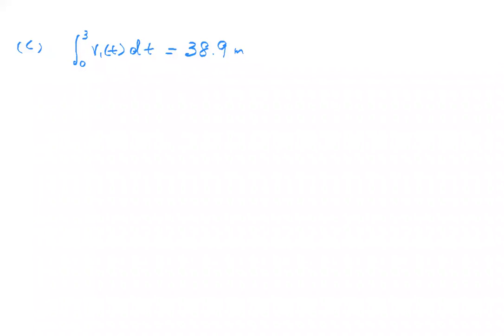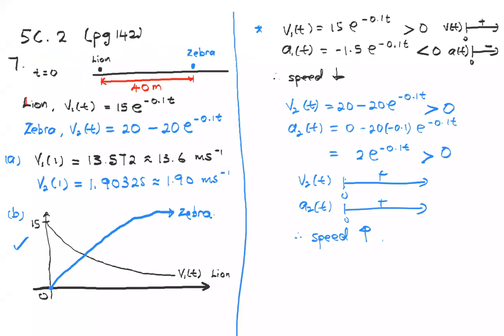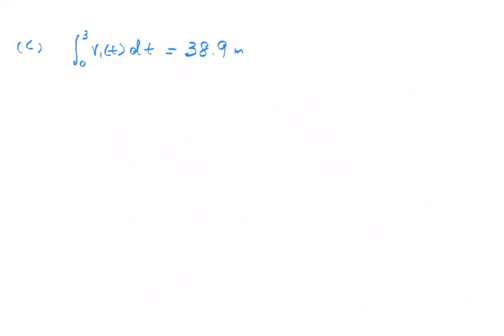Okay, if we go back to our first diagram at t equal to 0, this is the situation, correct? So now at t equal to 3, let me draw here. The lion's initial position is here.